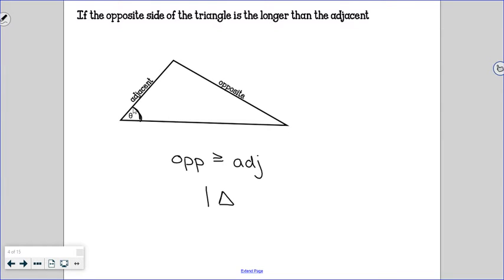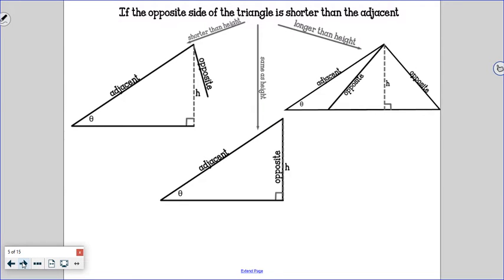Okay, it is not an option. There is no other way that that can be drawn, because the length of the opposite side is longer than the length of the adjacent side. It's this unique time when the opposite side becomes less than the length of the adjacent side that we have more than one option, and we end up with actually three options.